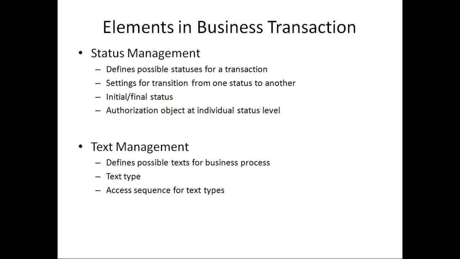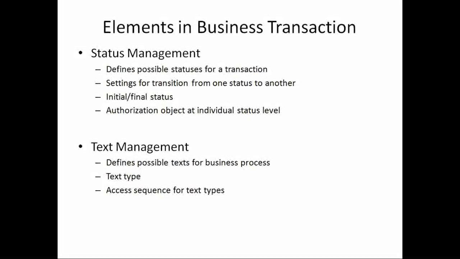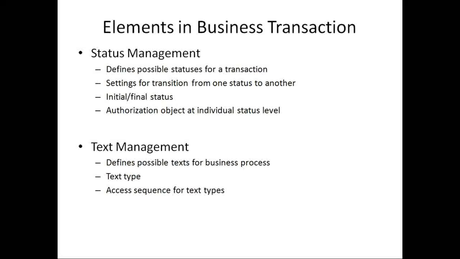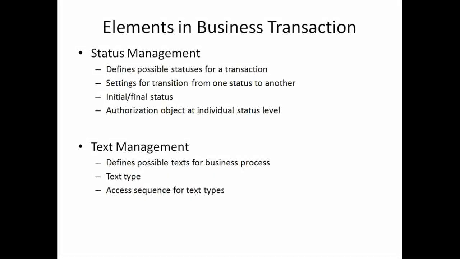Once the sales order is going to be set to completion status, by that time we can log the text saying the sales order is getting closed and these are the activities done. So while finishing and changing the status to completed, whatever text we want to log can be logged in the relevant text type. And also the access sequence for the text types will be maintained.